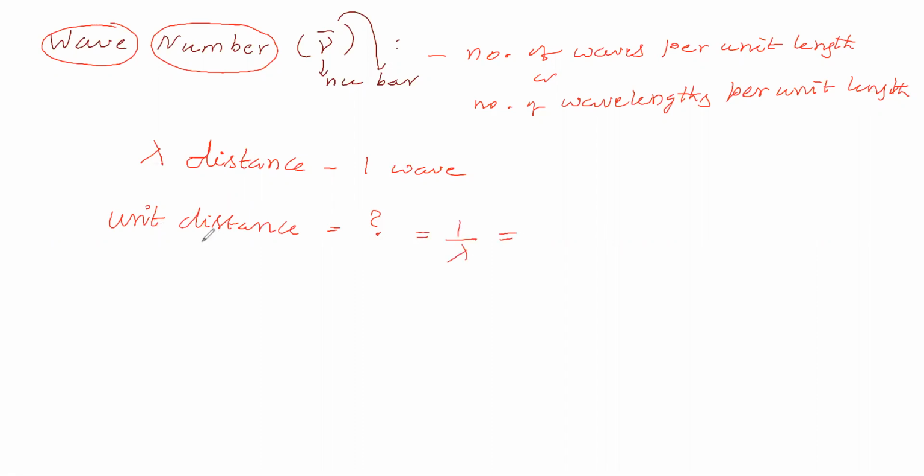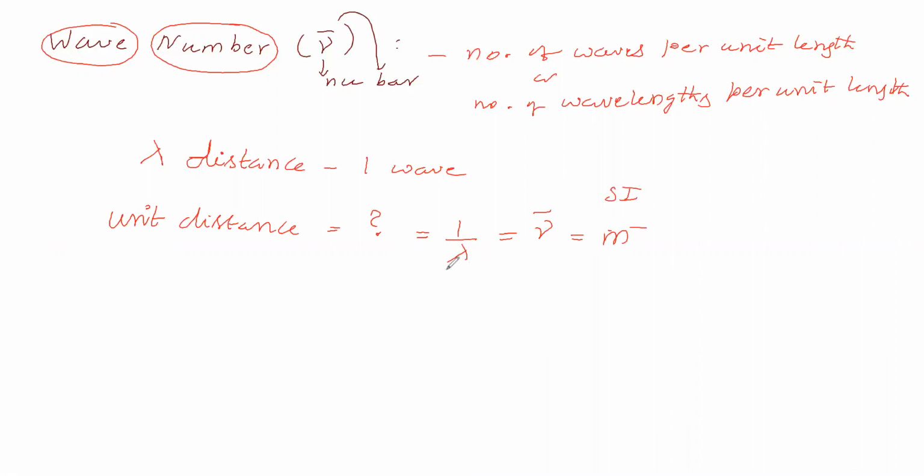Unit distance has how many waves? That is called wave number, equal to 1 by lambda. Now you know the unit of lambda in SI system is meter. Therefore nu bar is meter inverse in SI system.